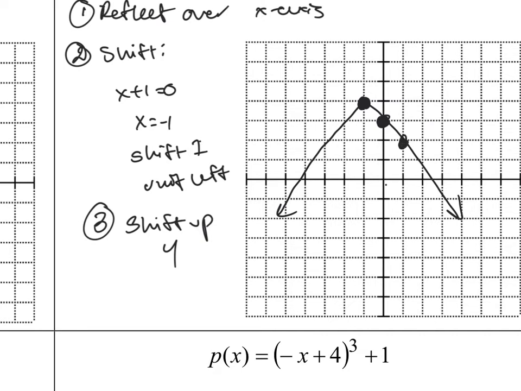If you were to do negative 2, negative 2 plus 1 is negative 1, negative 1 plus 4 is 3. And then when x is negative 3, we have negative 3 plus 1 is negative 2, absolute value 2, negative 2 plus 4 is 2. Okay, so that is what it'll look like.